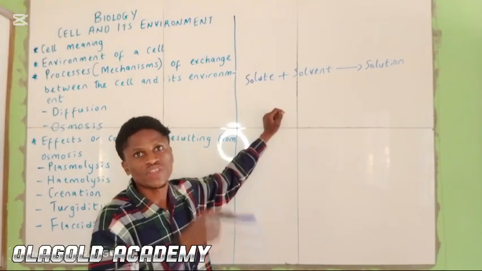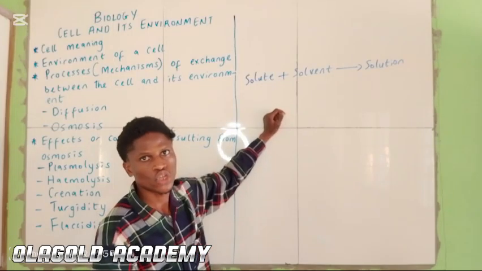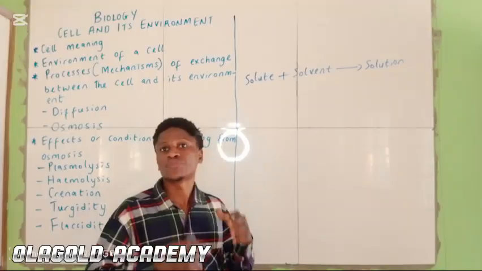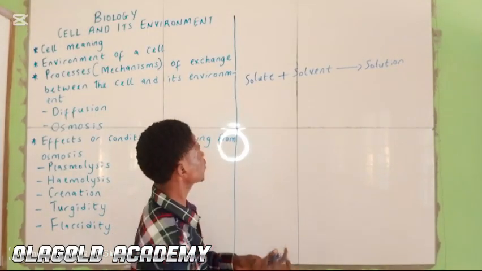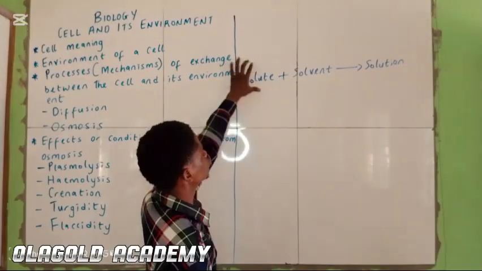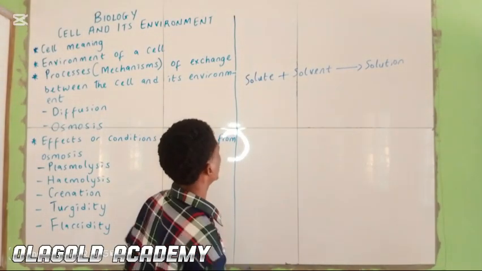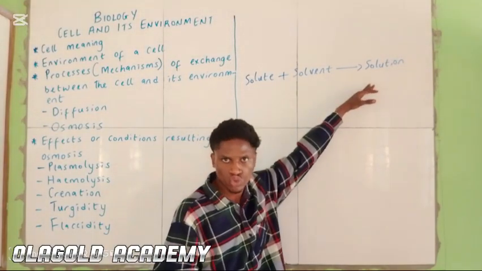We have adenosine triphosphate, which is the ATP. Those solutes are present inside the cell. They are intracellular solutes. Alright, when we have those solutes with water, we have solution being formed. Solutes and solvent give us solution.